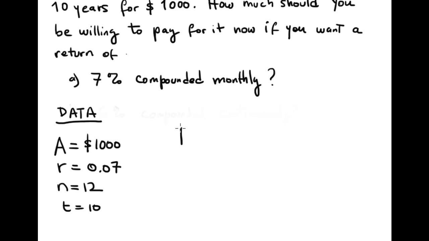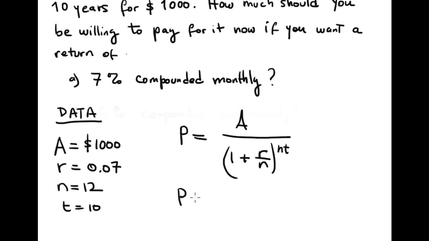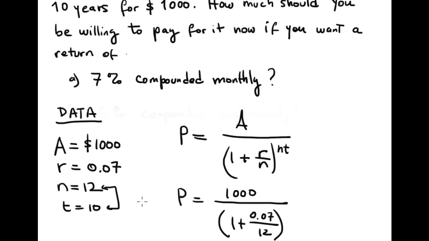And the formula for finding the present value is equal to future value divided by (1 plus R over N) raised to the NT. Okay, in our problem this is $1,000 over (1 plus 0.07 over 12) raised to the multiplication of N and T, and this is 120, the exponent.